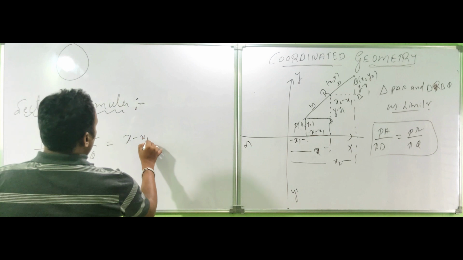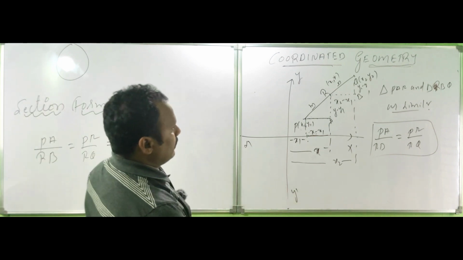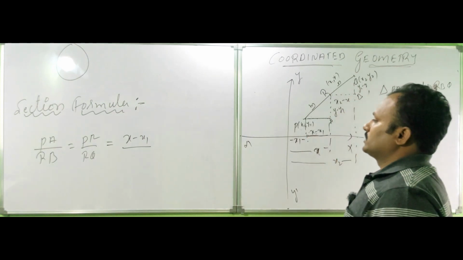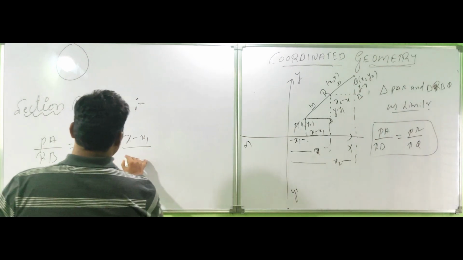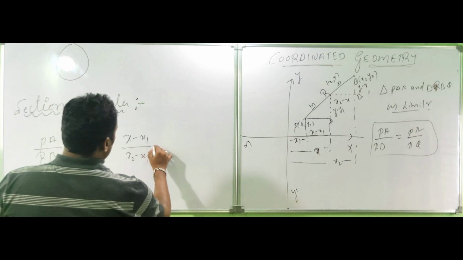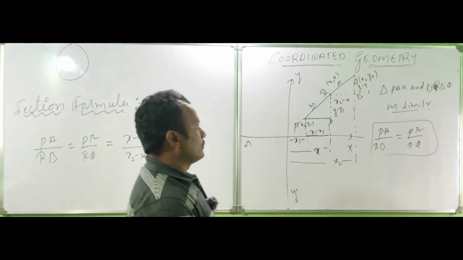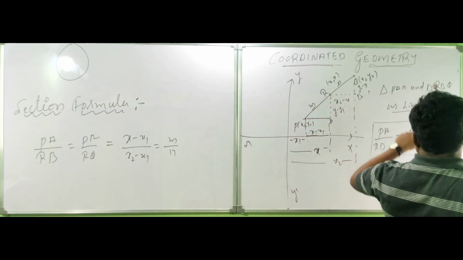X minus x1 divided by that portion, x2 minus x. X minus x1 divided by x2 minus x is equal to m divided by n. Corresponding values: PR is equal to m and RQ is equal to n.